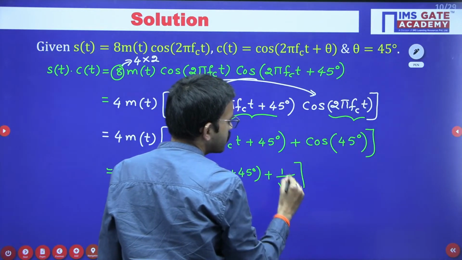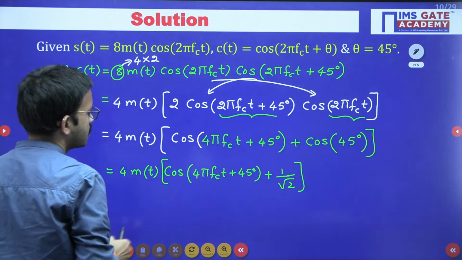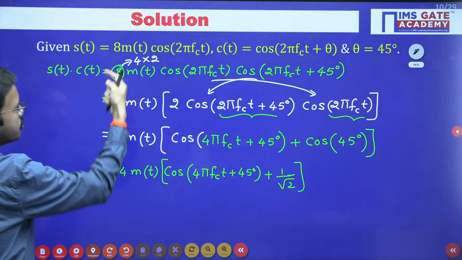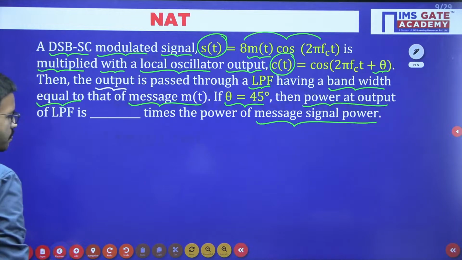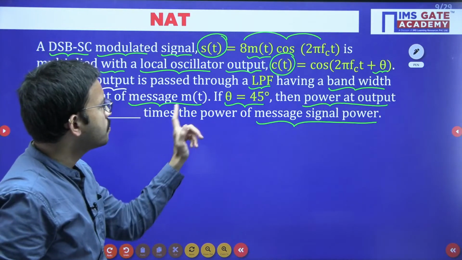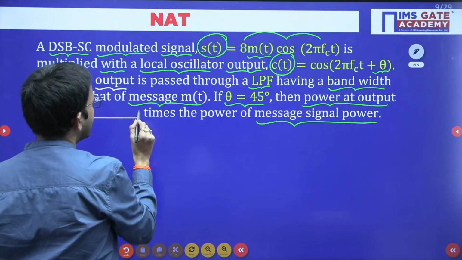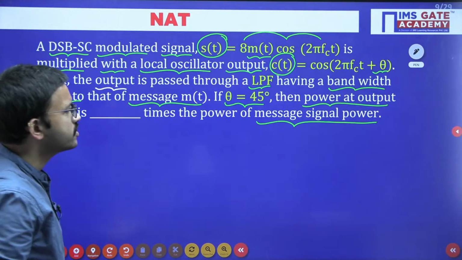Sin 45 and cos 45 are both the same, 1 by root 2. So this is the signal you got after multiplying S of t and C of t. Now this particular signal they have passed through the low pass filter, which has the cutoff frequency FM.